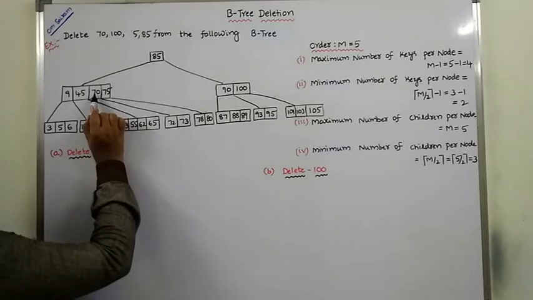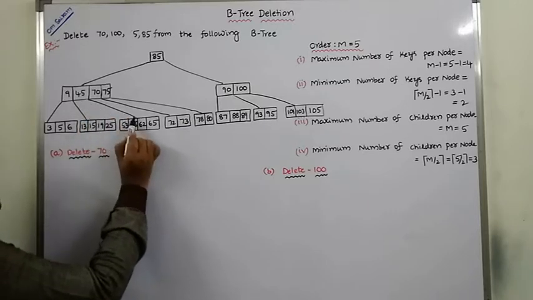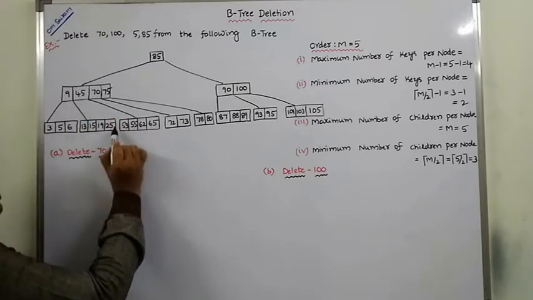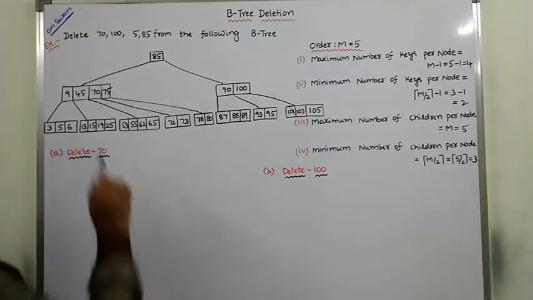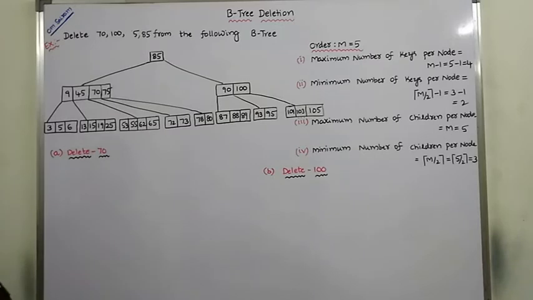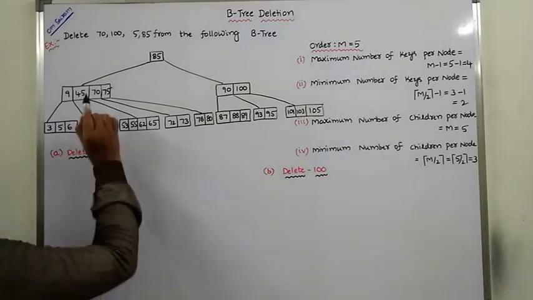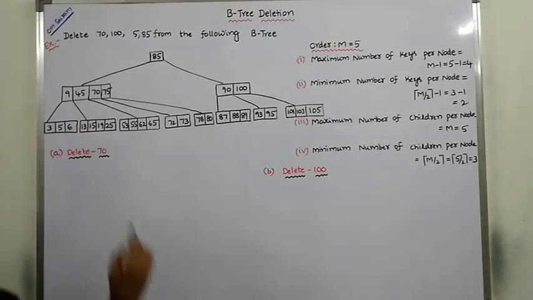The left pointer of 70 points to a left subtree. What is the maximum element in that subtree? That is 65. So 70 can be replaced with 65, or 70 can be replaced with the minimum element in the right subtree.